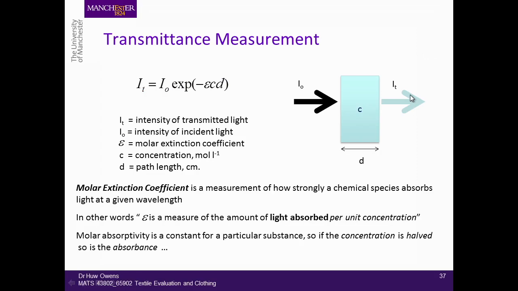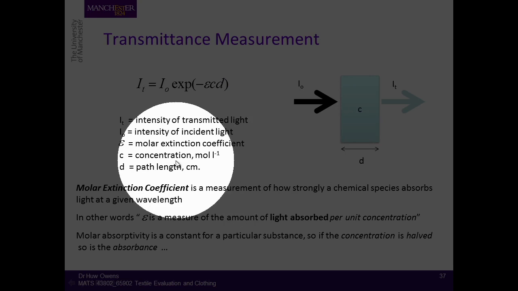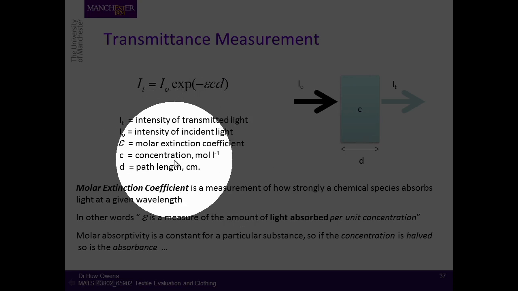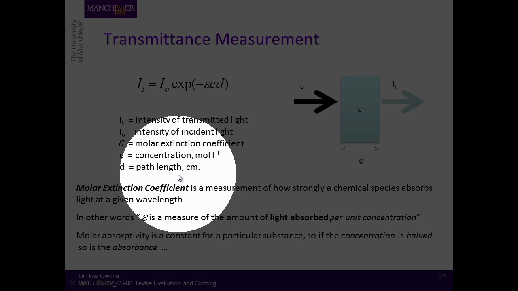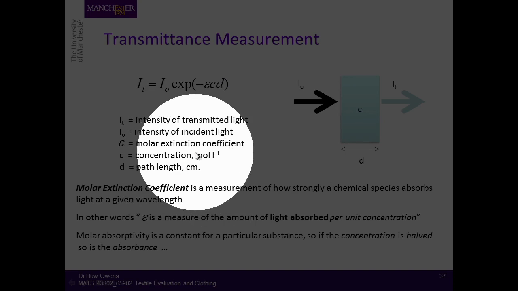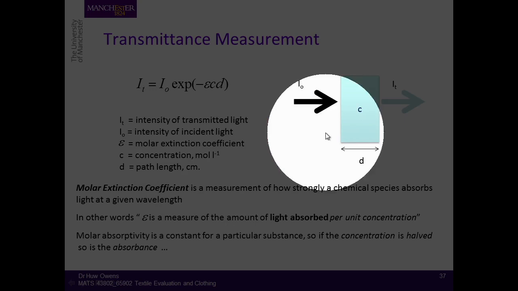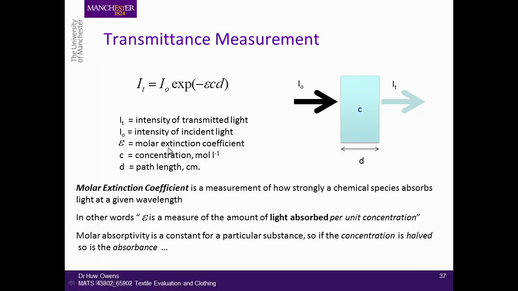Okay. So you can see here we've got the intensity of the incident light, we've got the concentration, we've got how far it goes, the path length, and then we've got the intensity of the transmitted light. But we've also got something else called the epsilon, the molar extinction coefficient.